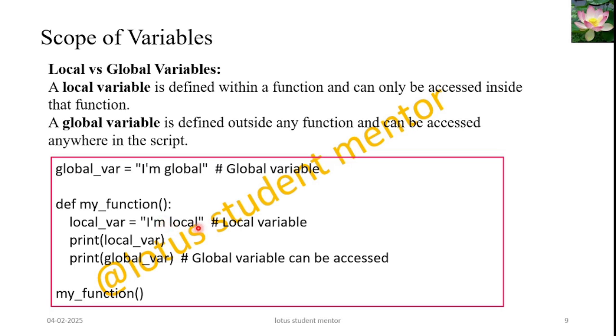This local variable works within the function, print local variable. Because it is local, it will be printed. Now the global variable can be accessed even though it is global, here also locally, that is print global variable. Since this global variable is accessible within the function, it can be accessed. This is how local and global variables can be explained by using my function.